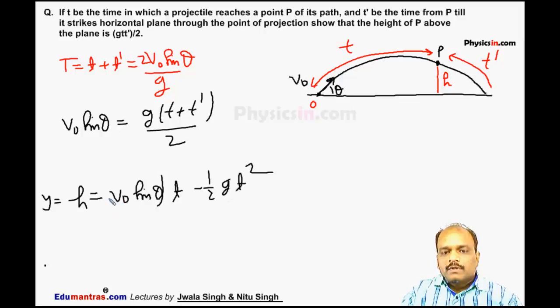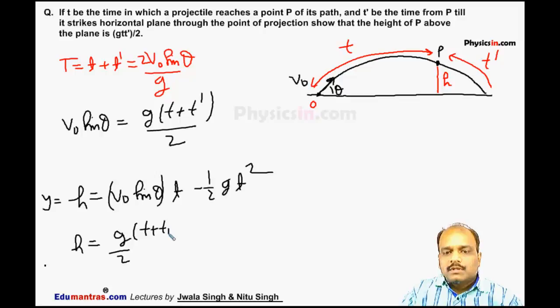Now I will substitute the value of v naught sin theta here. So h comes out to be g by 2 into t plus t dash into t minus 1 by 2 g into t square.